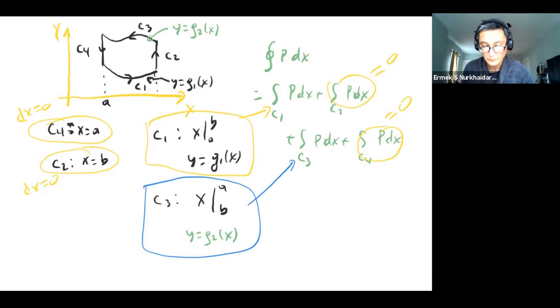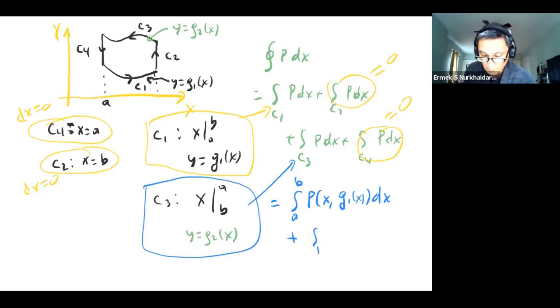So if we do that, for C1 we get the integral from A to B of P(x, G1(x)) dx, plus, for C3, the integral from B to A of P(x, G2(x)) dx.